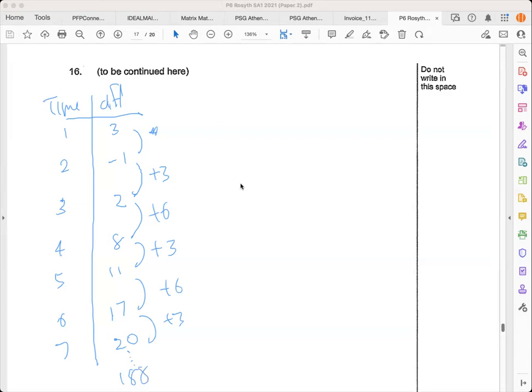Now, because the pattern here is quite different, we start analyzing from this point onwards. From here onwards, it goes in groups of two intervals, and each group of two intervals is 3 plus 6, 3 plus 6, and so on.